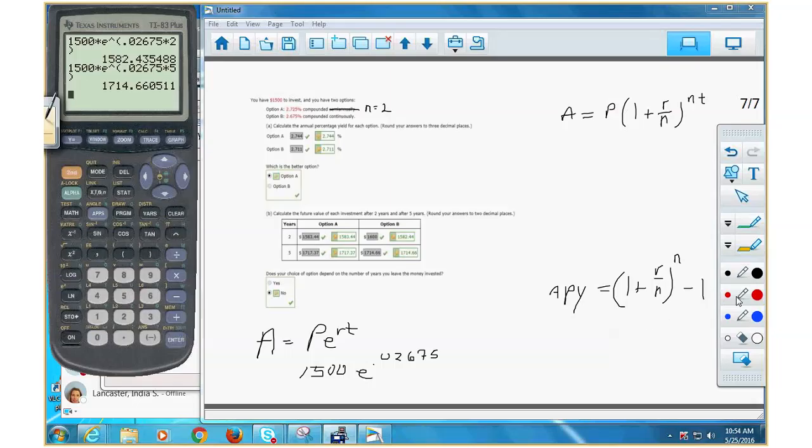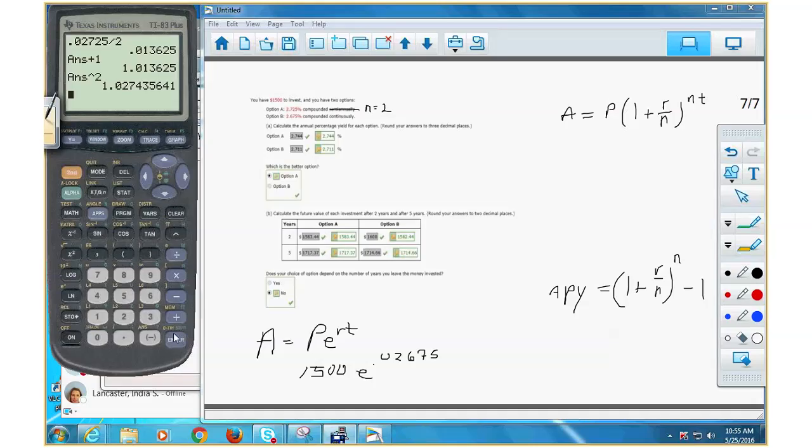So let's do that. I'm going to go 0.02725 divided by 2 equals plus 1 equals raised to the second power.